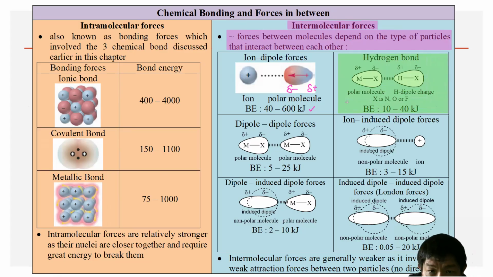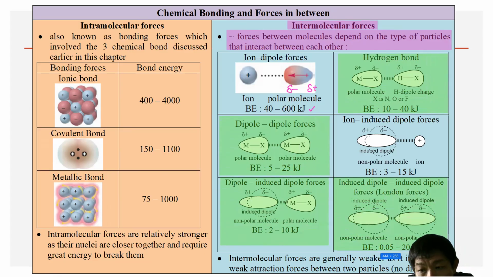In this part of the video, we are going to focus more on these three forces: dipole-dipole forces, formed between polar molecules; dipole-induced dipole forces, formed between a nonpolar and a polar molecule; and induced dipole forces, also known as London forces, which are the weakest among all the intermolecular forces that we are going to discuss.